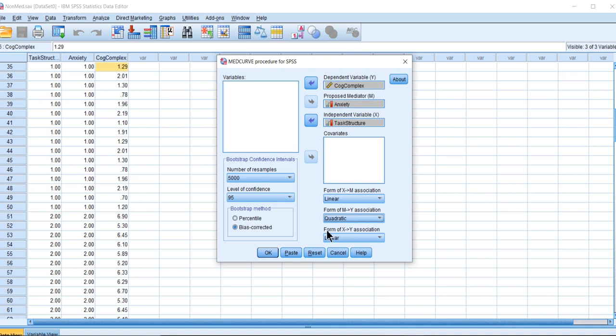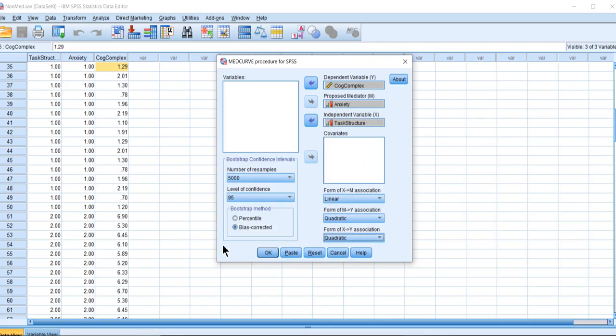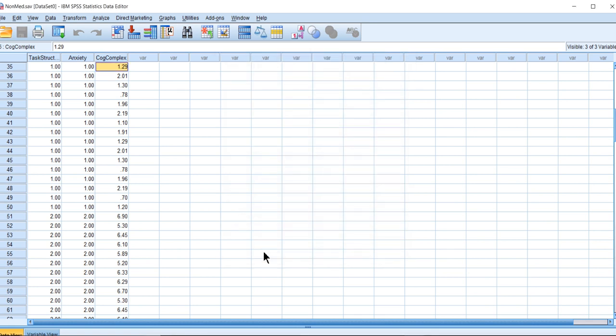And the relationship between the independent variable and the dependent variable, the level of task structure and cognitive complexity, is also quadratic. And now we wait.